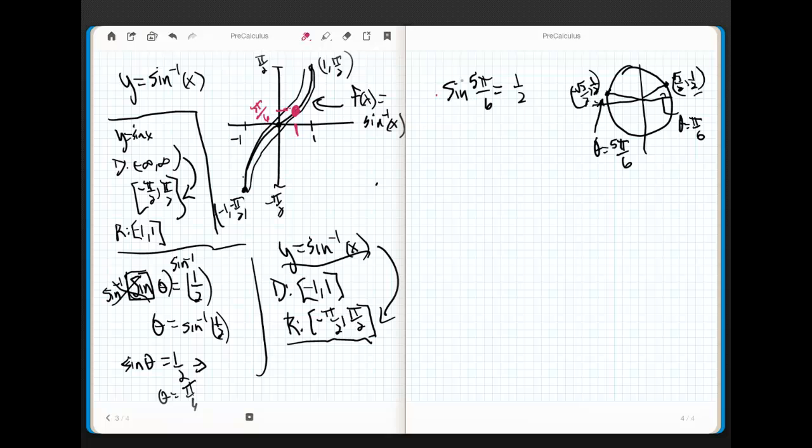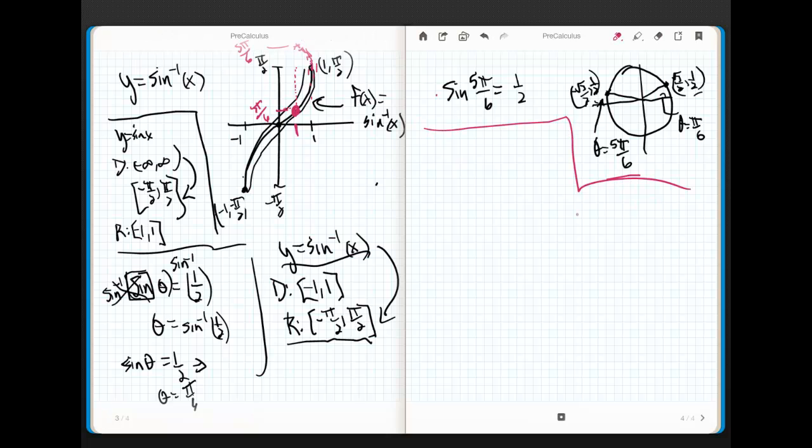For me to get to this 5pi/6 value, think about what I would need to be able to do. I would need to go way up here and have this function wrap back. And then that would happen up here at 5pi/6. Not allowed. As soon as this function wraps back, guess what? Horizontal line test, dead. Thank you for playing.